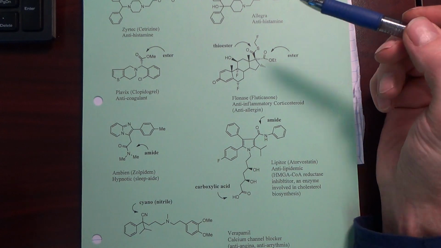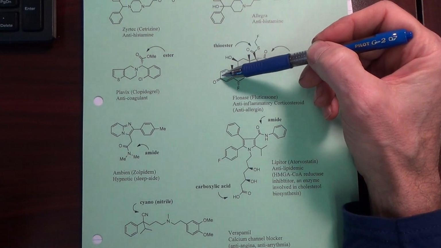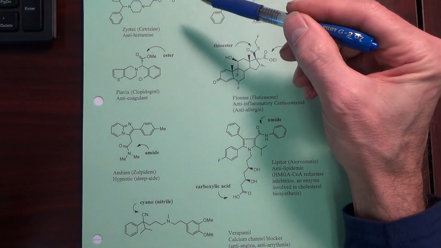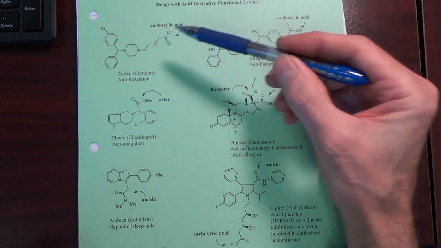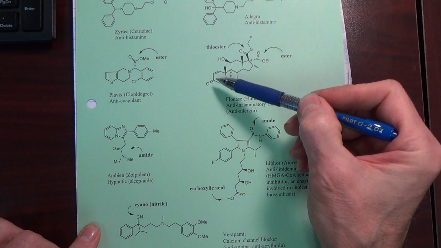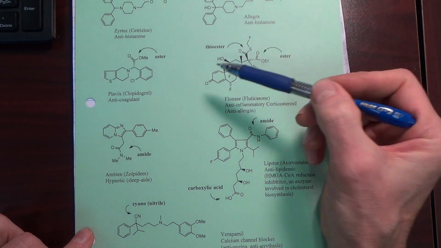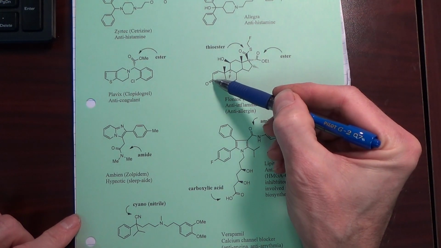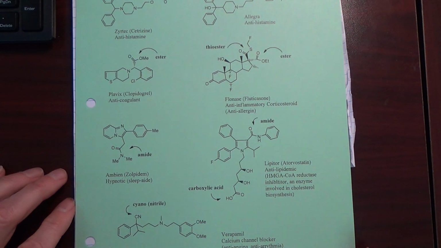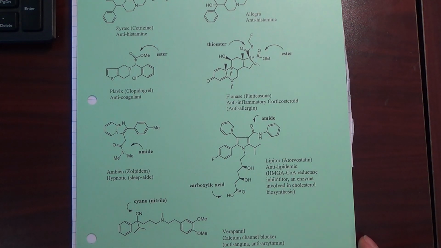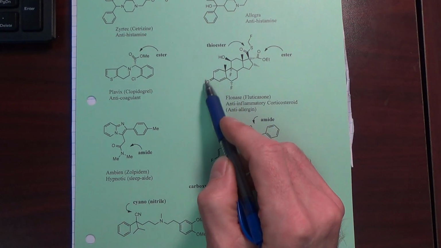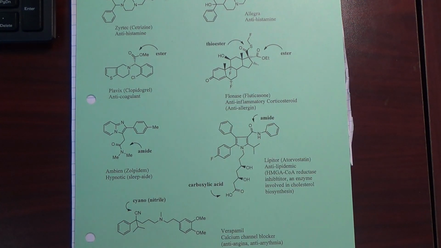More specifically, it requires a reduction. Because we go from 3 bonds to oxygen to only 2 bonds to oxygen of the carbonyl carbon, or the main carbon of the functional group. All right. And so it's not considered a carboxylic acid derivative.